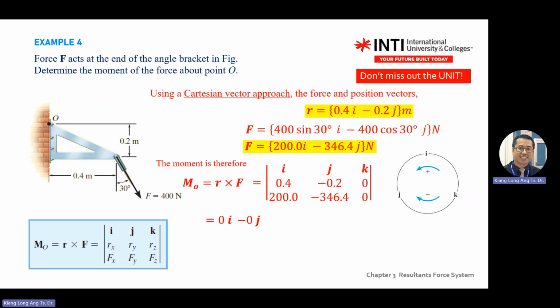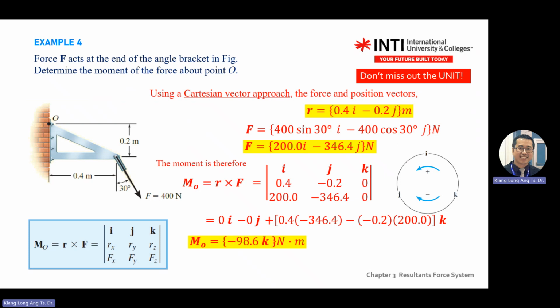You know that i cross k is negative, so negative j, also 0. 0.4 multiply 0, 0 multiply 200, also 0, so 0j. And the last one, k: i cross j, you get positive k. So this one cross this one, negative. Negative, this one multiply this one, get positive. Right, so you must write this out in your steps.